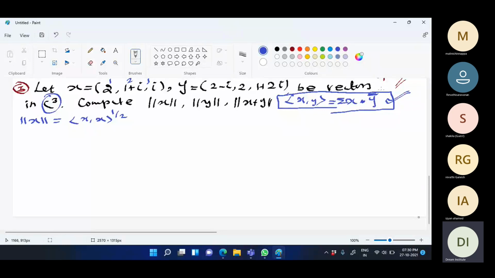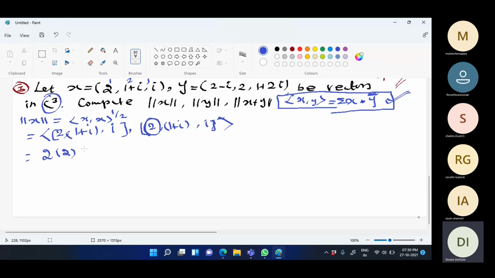The inner product of x and y is equal to the sum of x into y bar. First of all, you have to write the x values: 2 comma 1 plus i comma i, the first vector, and again we calculate with the second. For the term 2 into 2, we don't have a conjugate of 2.